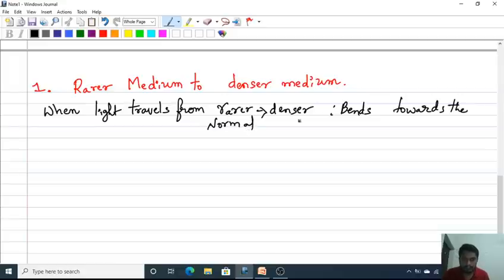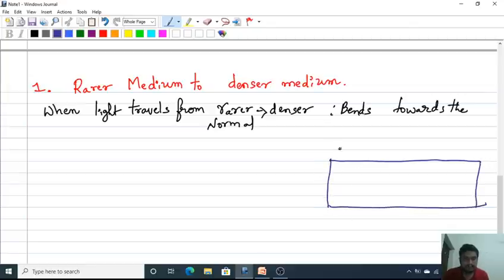Okay, I'll draw the figure here. I'm taking a transparent medium on which the light is going to be incident. This is the medium number 1, air medium. This is the glass medium. This is air and this is the glass medium.